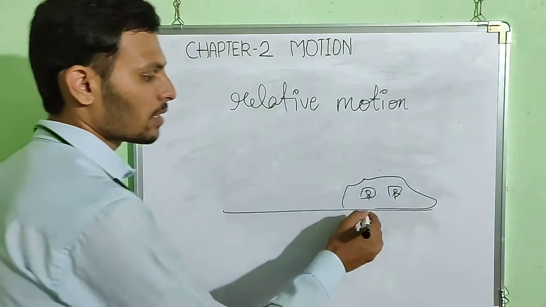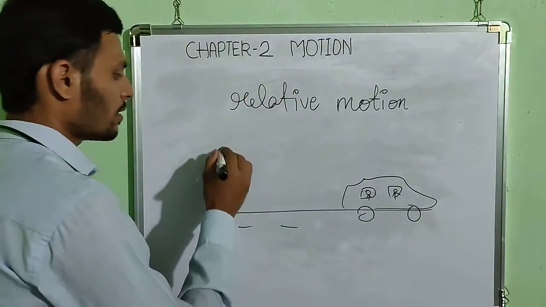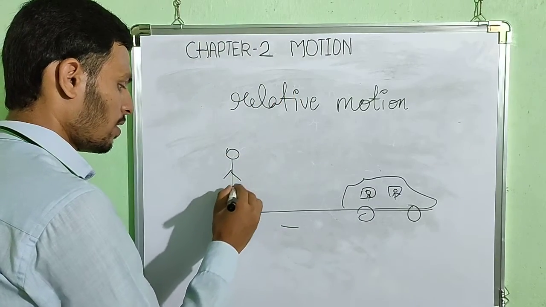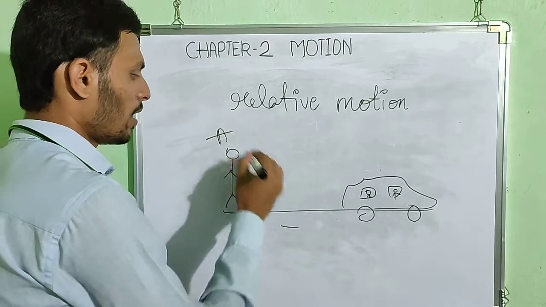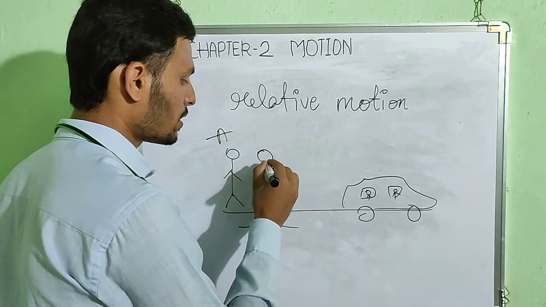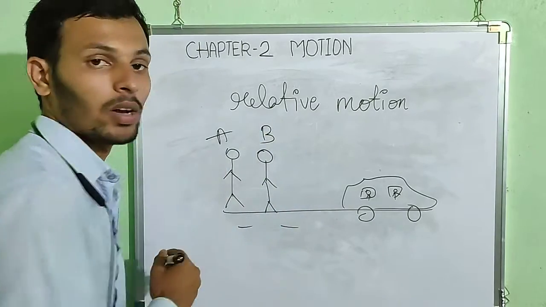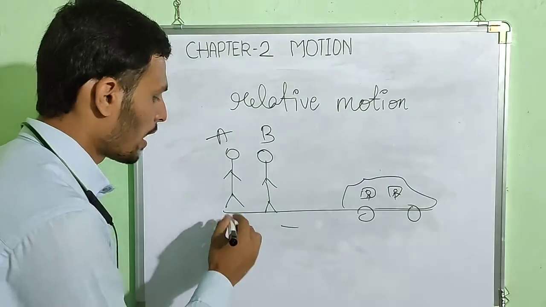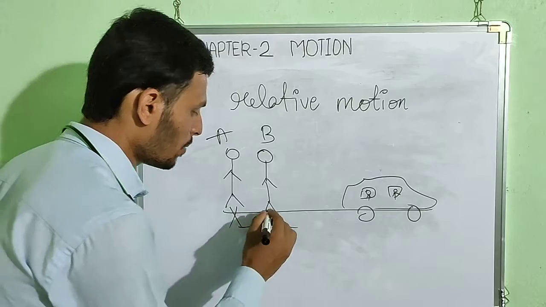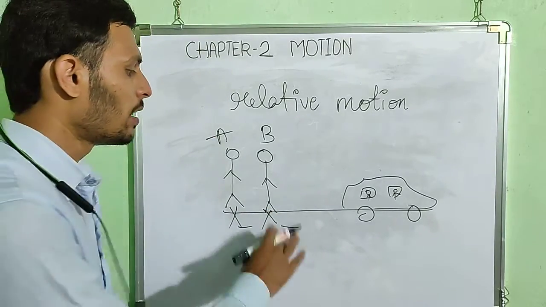Let us also consider one person standing, A, and another standing beside him, B. A and B are facing each other and are standing at particular points. They are not moving. They are at rest.